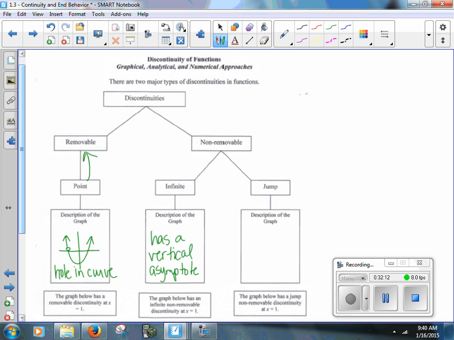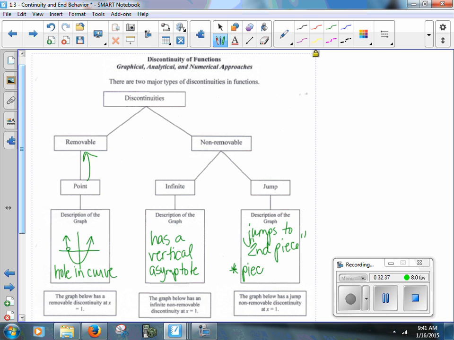And what's the graph look like if it's jump discontinuity? Kind of jumps from one piece to another. What kind of function though is it? It's a piecewise function. The description of the graph: it jumps to a second piece, if you will.